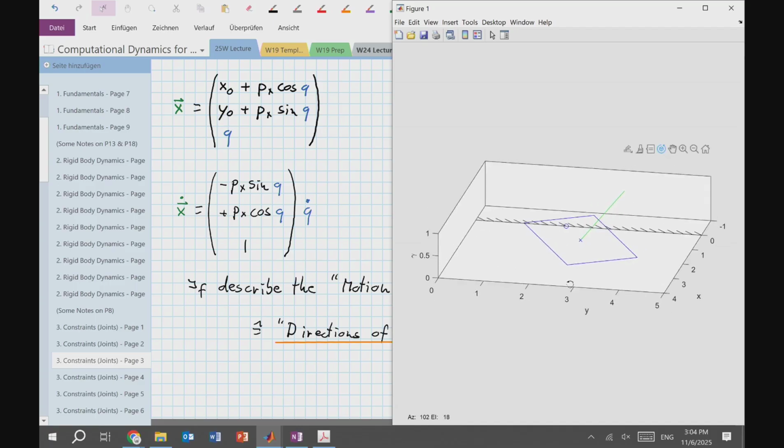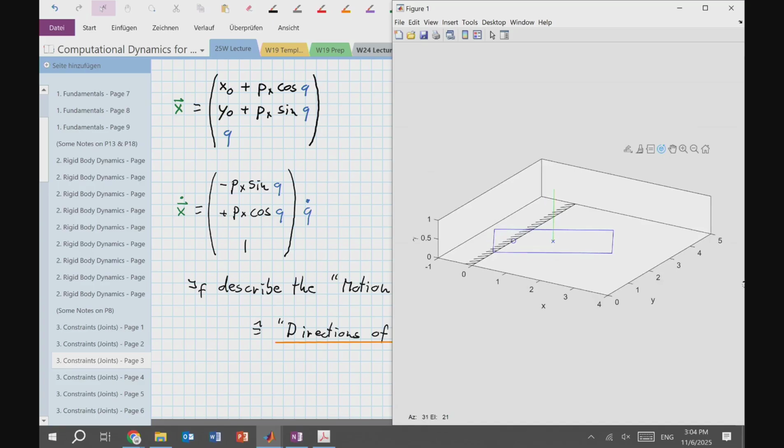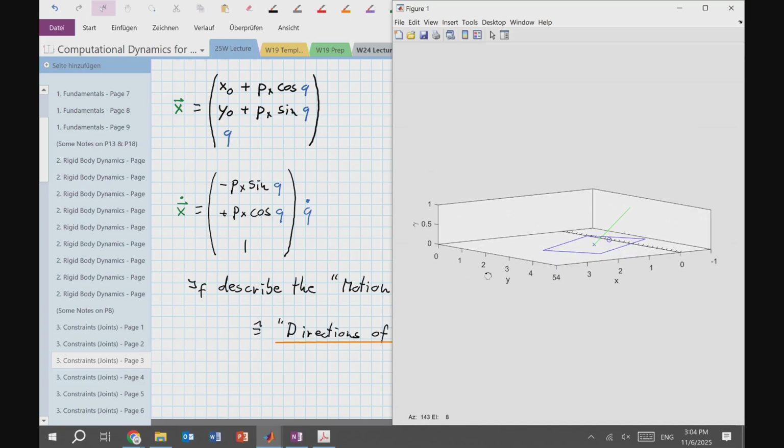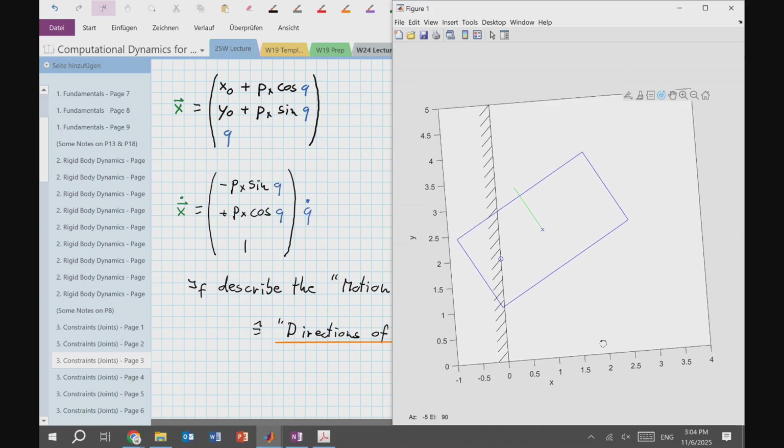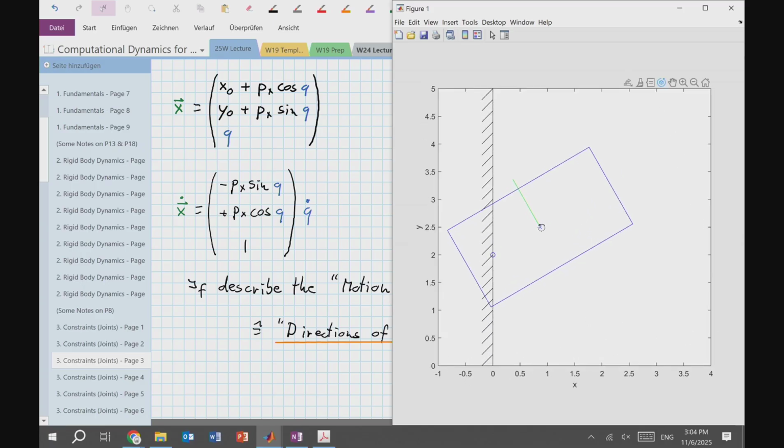Let me rotate this, then you see this is really a 3D vector. And in the view that we have, it of course corresponds to moving along this arc, because here's my joint, that point can only move in a circle. That's the meaning of JF, the directions in which our system can move.